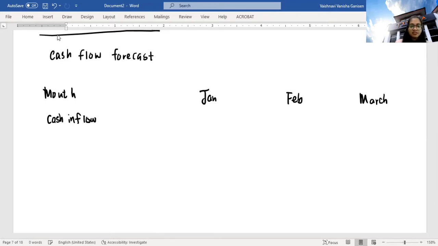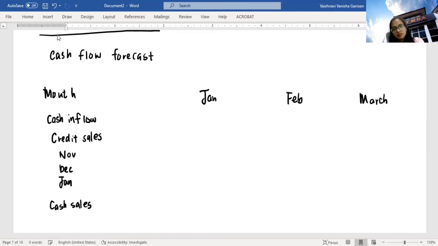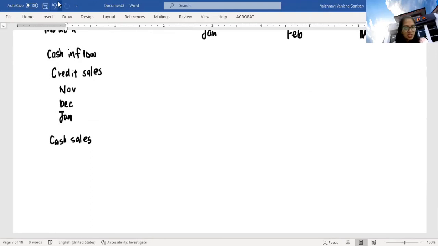At the moment you have sales, or maybe I would identify it as credit sales: November, December, January. And then I have cash sales from Mixter. Okay, I don't know whether there are any other cash inflows, but I'm going to stop here and I'm going to complete this area first.